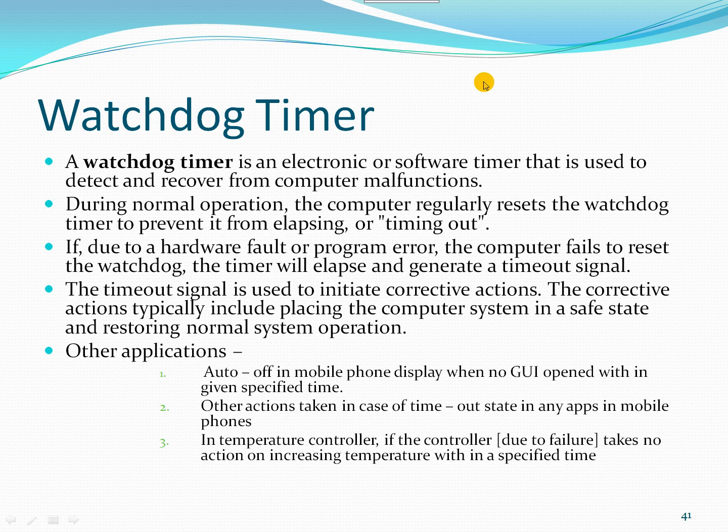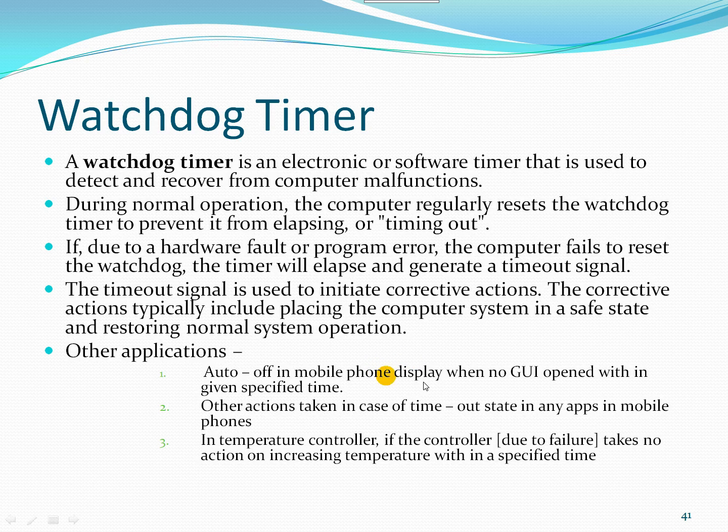The other applications that can be used are in mobile phones. Two applications have been mentioned here. First, the mobile phone with auto off facilities, because the mobile phone display may be set as idle when no GUI is opened. At that time the display will be consuming more power.